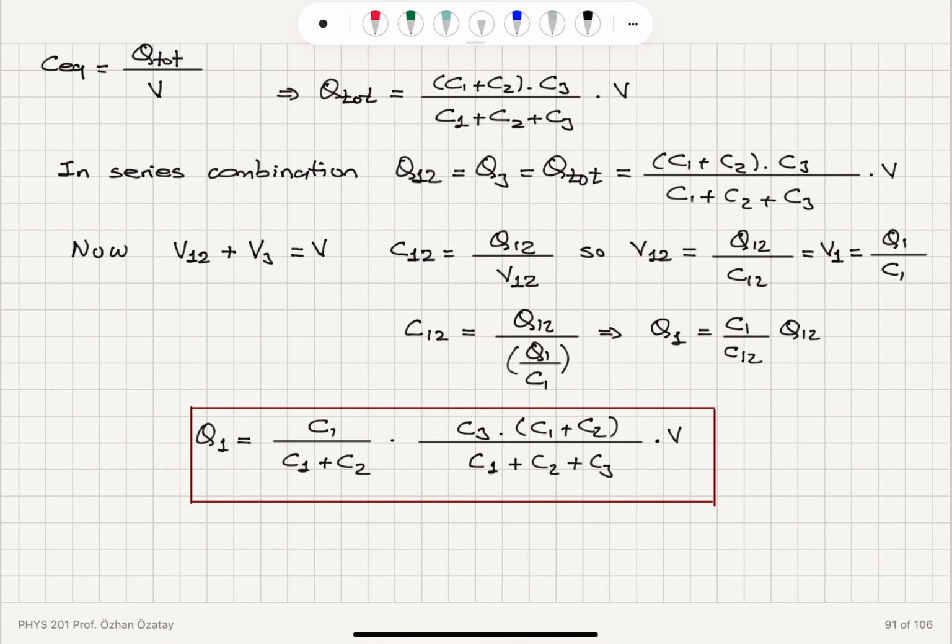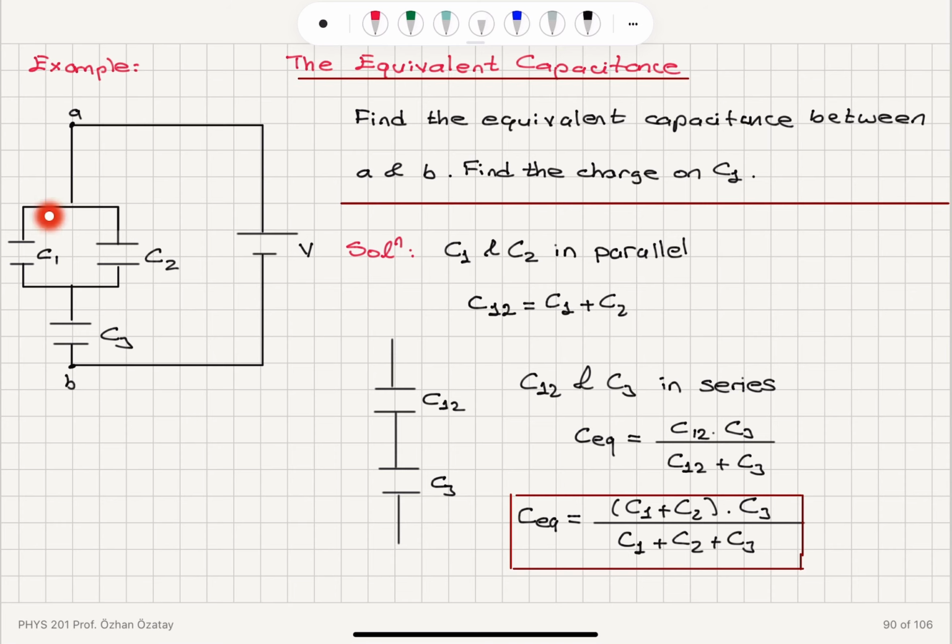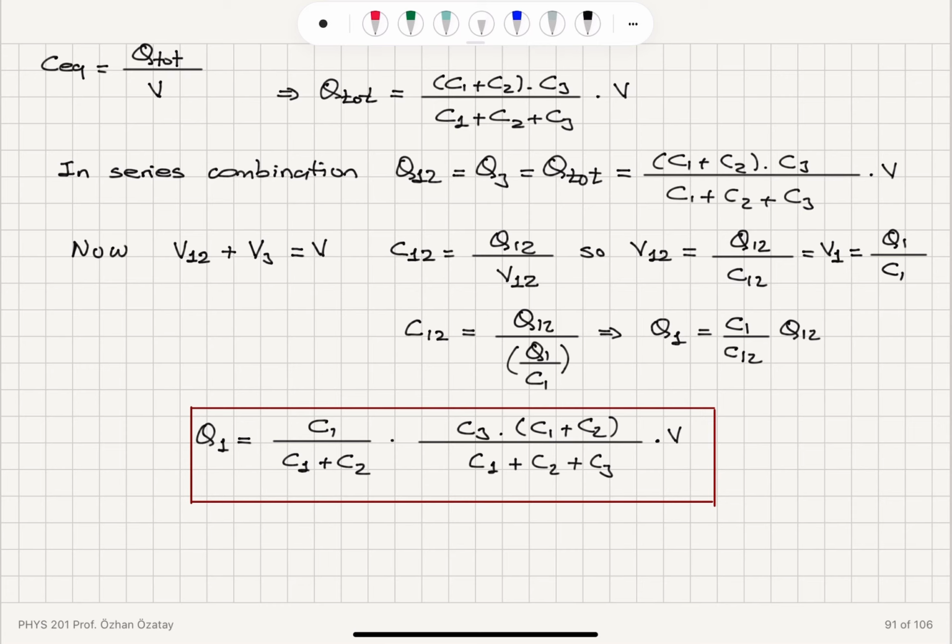The voltage V12 between the terminals of C12 and C3 will add up to give me the total voltage V. Now C12 is the charge stored by 1 and 2, Q12, divided by V12. So V12 is Q12 over C12, but V12 is also equal to V1, and also equal to V2. So this is basically Q1 over C1.